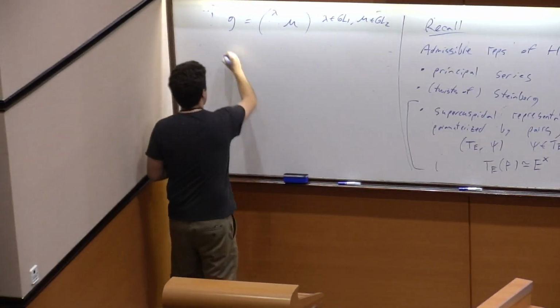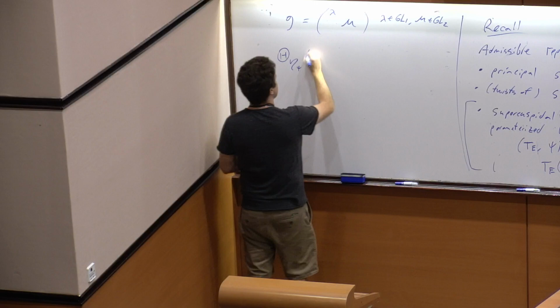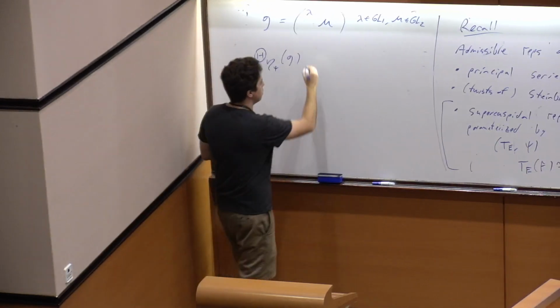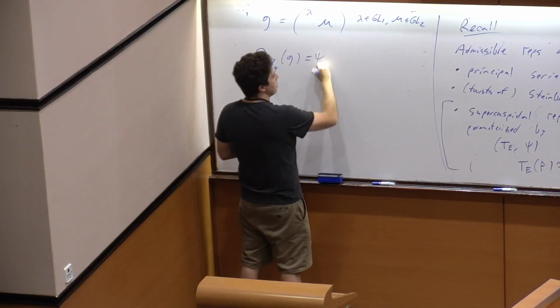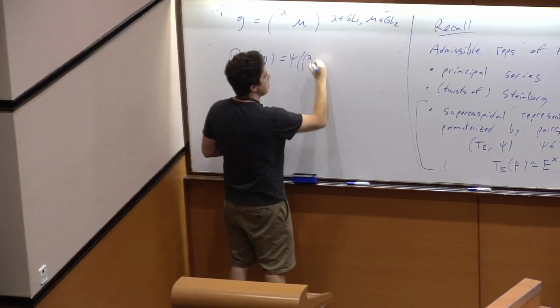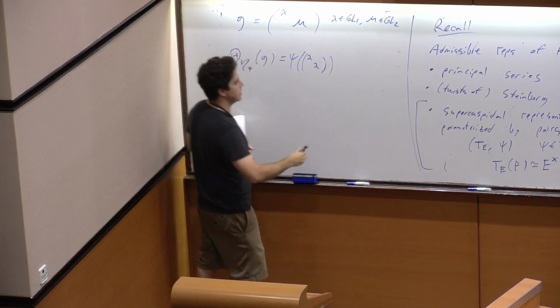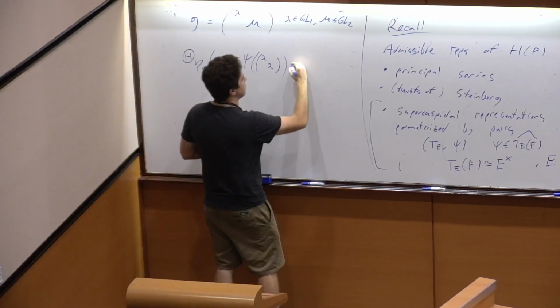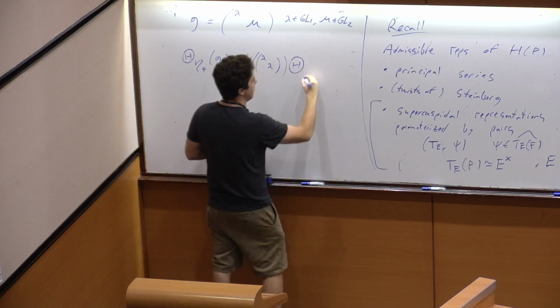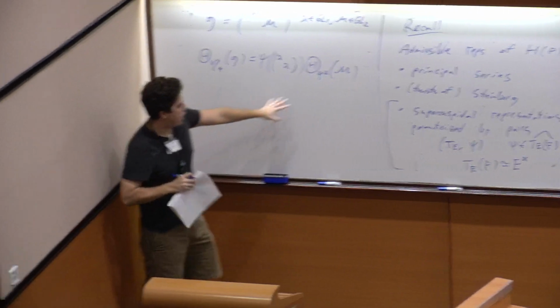Well, you can compute this character, I called it eta psi before, exactly as follows. You take the character psi and apply it to lambda, or you could call this the diagonal matrix with lambdas along the diagonal, and then times the character of this representation applied to mu.